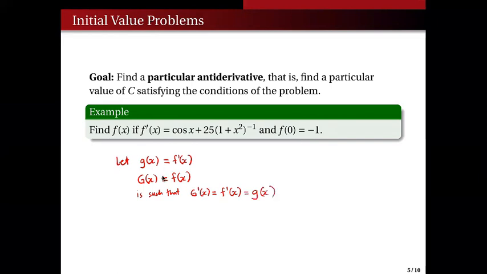So what does this mean? We want to find small f of x. But small f of x equals capital G, such that if we get the derivative of that small f of x, we will get small g of x. In this relation here, this means that we want an antiderivative of g of x.